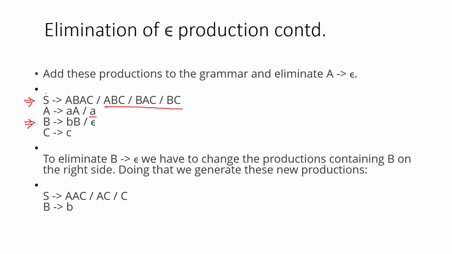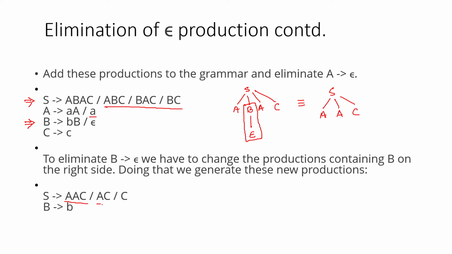You see ABAC, just what we have seen, S to ABAC. There is a possibility I can put epsilon for B. If I put this epsilon, that part will vanish. Writing this is equivalent to writing S to AAC. That's why we have the option S to AAC. Similarly, for ABC, if you turn off this B part, it becomes AC.